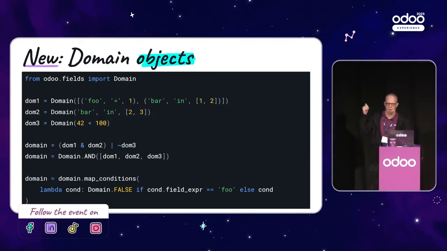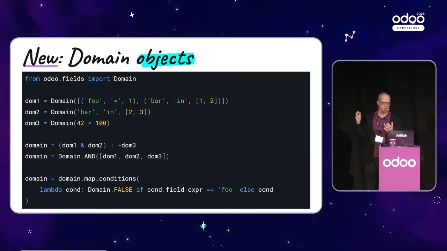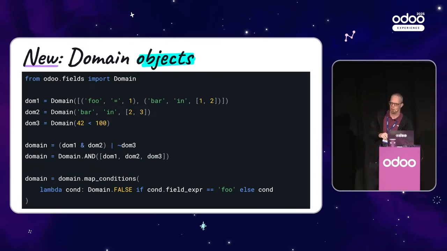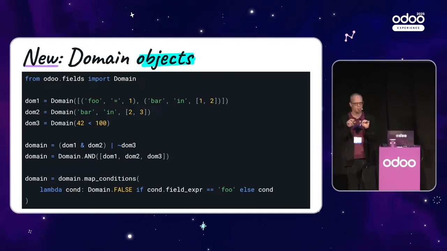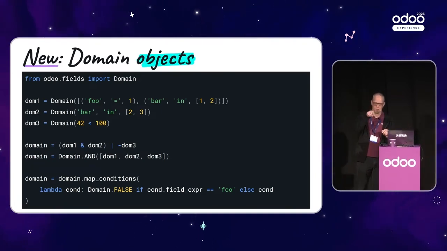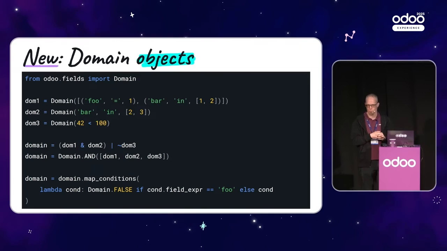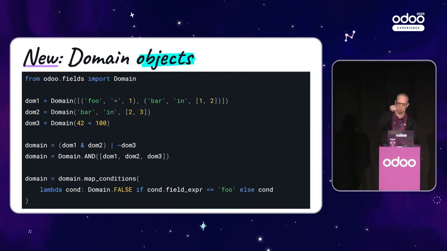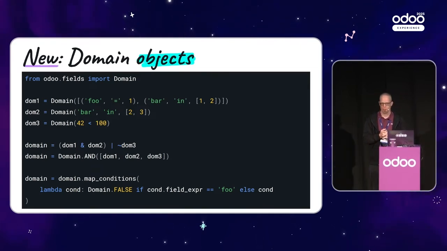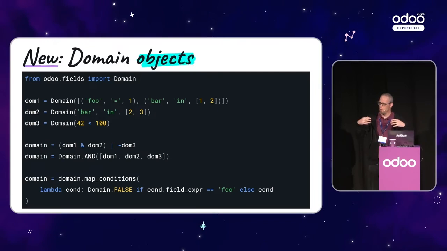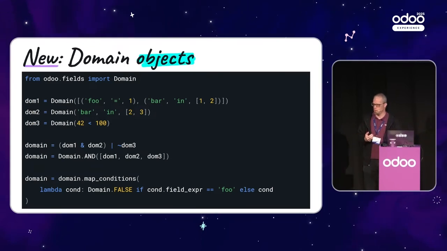And as you can see, we benefit from overriding the magic method in Python, so you can use the ampersand, the vertical bar, the or for the or, and the tilde for the negative. So it's easier to build programmatically domains like that.